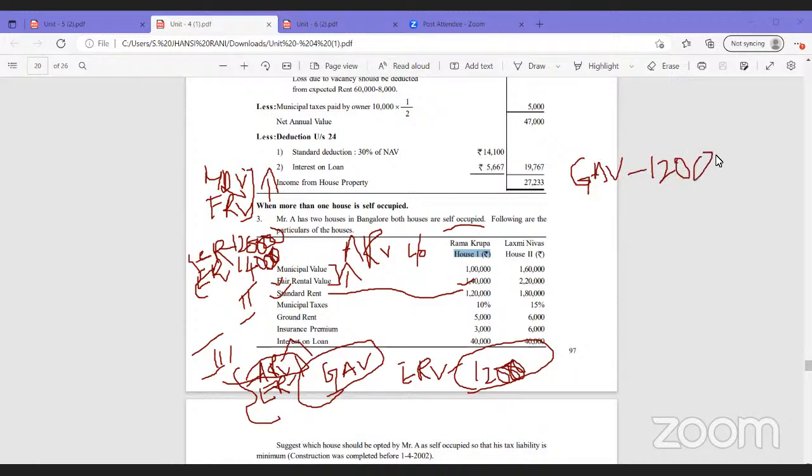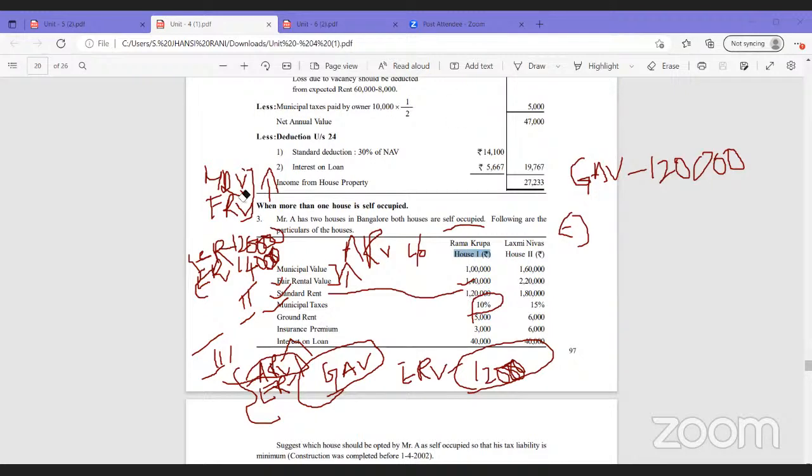And from this, we will deduct municipal taxes or any local taxes given to us. Less municipal taxes. If you look here, municipal taxes is given to us. Municipal taxes is 10%, as mentioned in the question here.